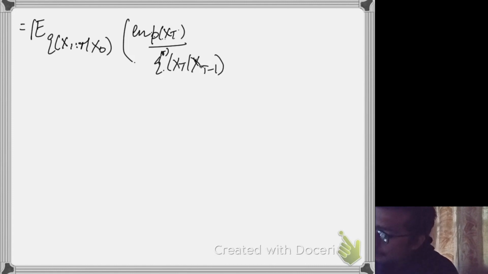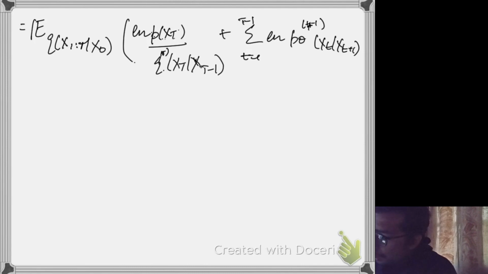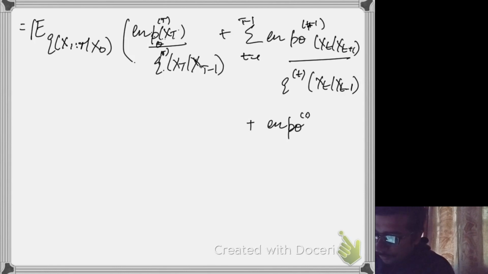And then in the remaining terms, I have the sum over t from 1 to T-1 of log p_theta_{t+1} of x_t given x_{t+1} over q_t of x_t given x_{t-1}. And then I also have the log of p_theta_1 of x_0 given x_1.